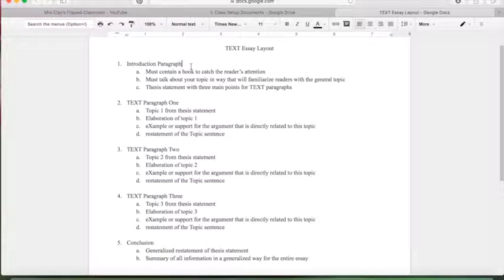Alright. Your introductory paragraph should be a minimum of 5 sentences. Basically, you have a hook. You start off with something interesting. You are trying to catch the reader's attention.